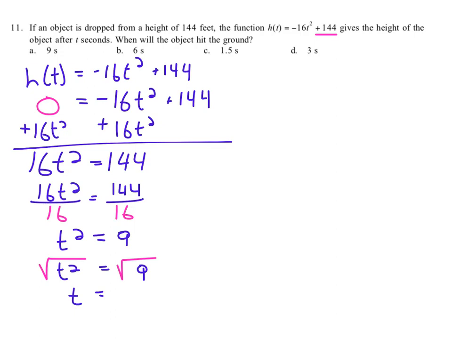That's saying that it's either, we can write it down as positive or negative, just for a second to think about it. After 3 seconds, it would hit the ground, but also 3 seconds before it's dropped, it was on the ground.